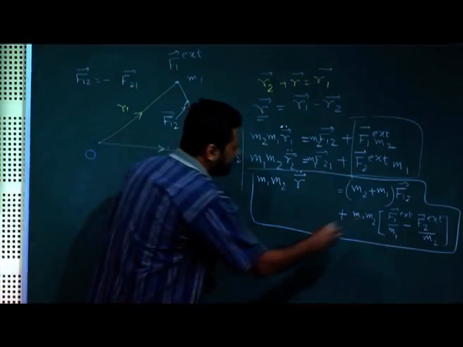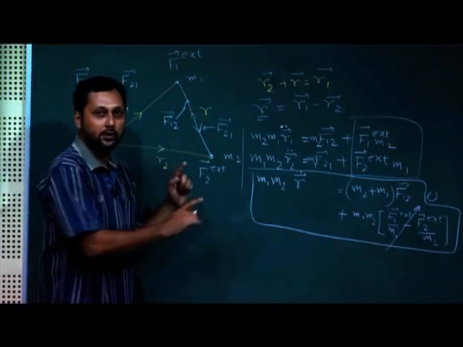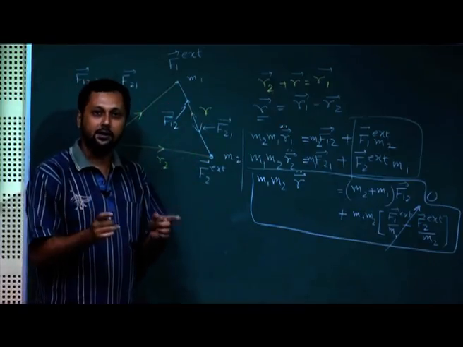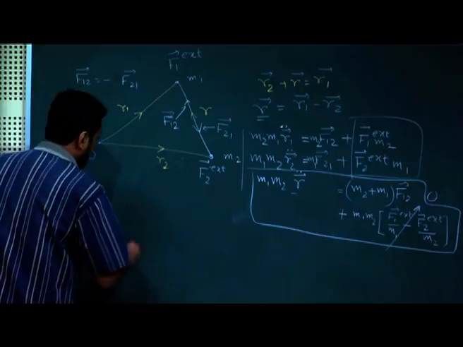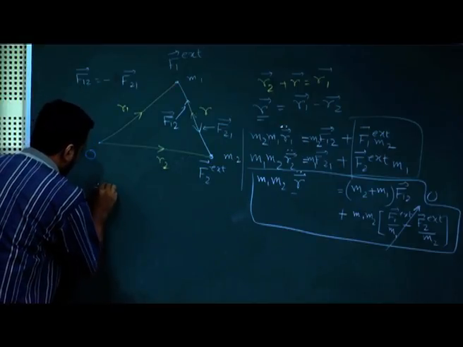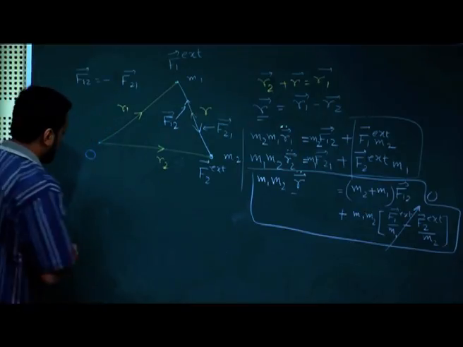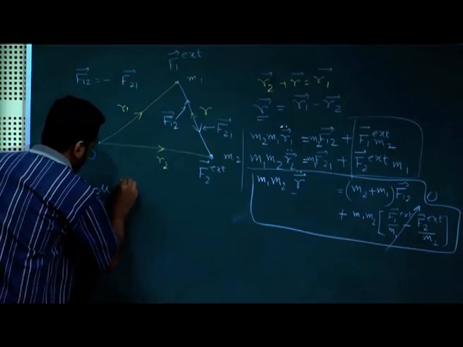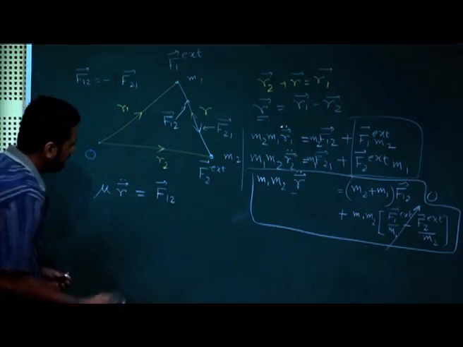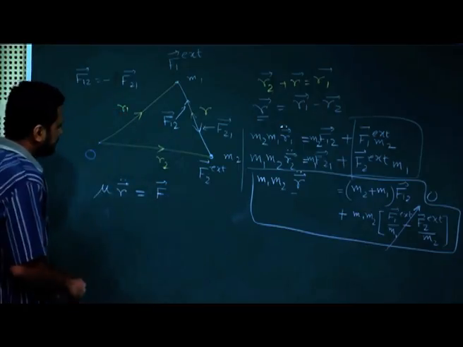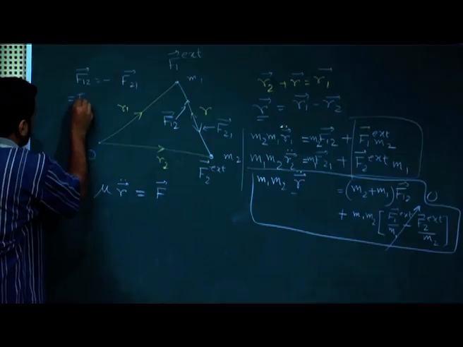If that is the case, then this term essentially goes to 0, because the accelerations of these two masses are equal due to the combined external force, which leaves us with these two terms only, and we can rearrange the equation to write mu r double dot equal to F12, or we can just write this as F, assuming that this is the magnitude of internal forces. I am just equating this equal to F.